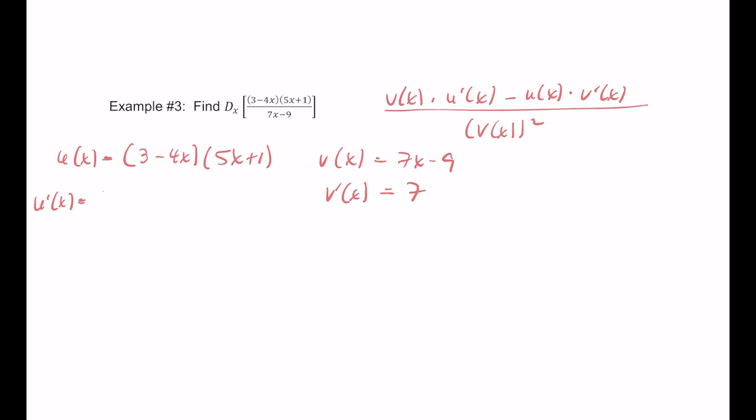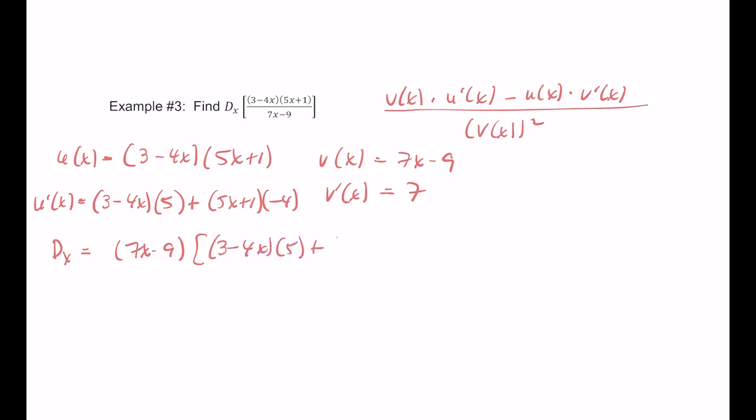So remember, the product rule goes something like this. It goes u times v prime, so v prime is 5, and then plus v times u prime. Okay, so now we have everything that we need. To find the derivative, it's going to be v of x times u prime of x, that's a 5.